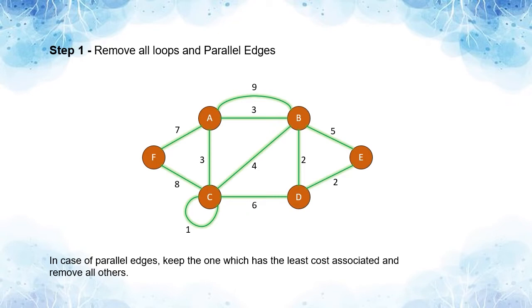We must keep the one with the minimum weight and remove the other. So here we will remove the edge with the weight of 9. Suppose from a vertex we have an edge to the same vertex, then we call it a loop, like we have in vertex C in this graph with weight 1. So we will remove it too.